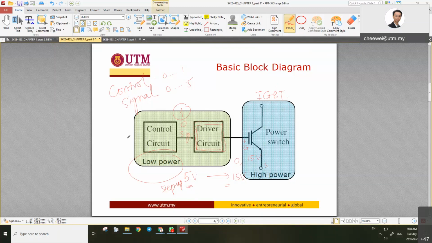This is your calculator, depending on how you want to design it, whether you want to control it complexly or simply. They are all control operations here, giving you the signal. Then the driver circuit will do the job of amplification. It amplifies 5 volts into 15 volts.